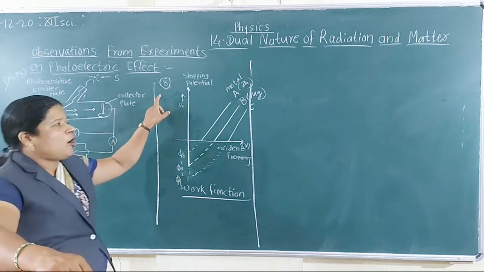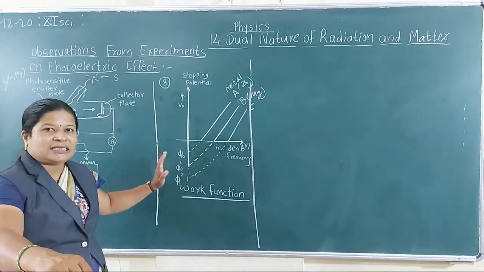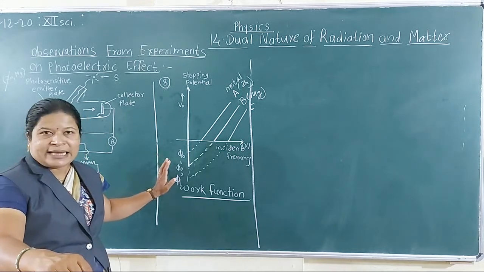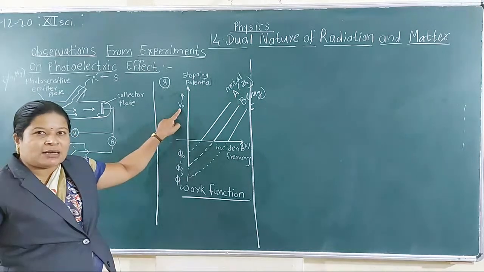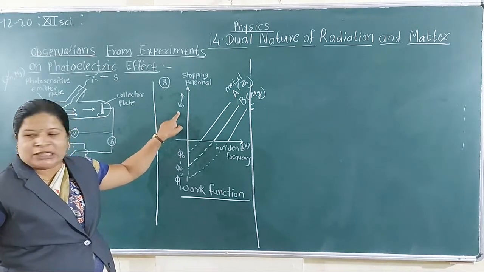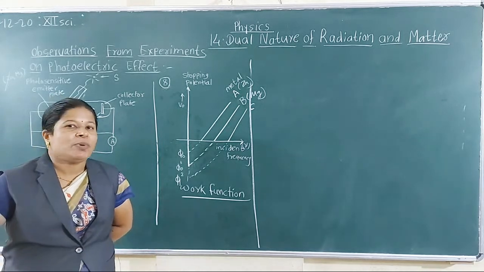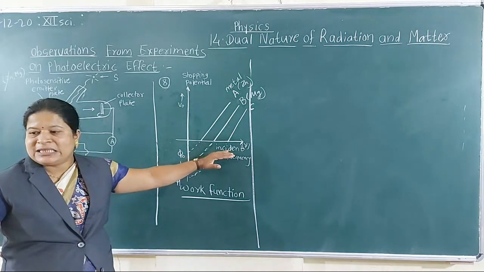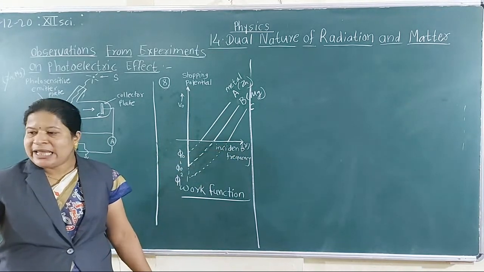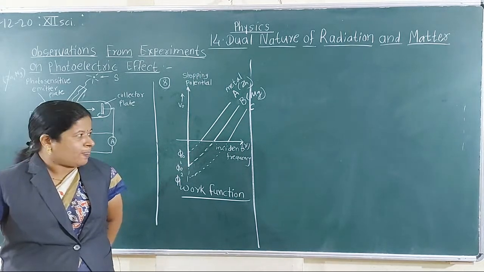So this is observation number 8, and listen carefully students, it indicates the stopping potential, V naught, as a function of the frequency of incident radiation for emitter plates of different metals.